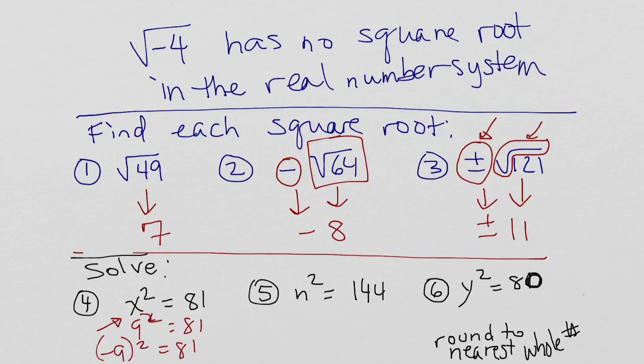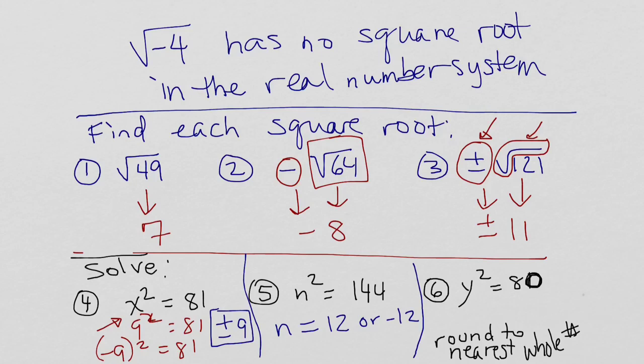So there are actually two answers here. There is both positive 9 or -9. And you can write, if you want to abbreviate it and write it that way, that's fine. Or you can write them separately, either way. So if you're asking here on number 5, what squared gives me 144, hopefully at this point you'd be able to say that n either equals 12 or -12, or you can write it in that abbreviated way we just did.